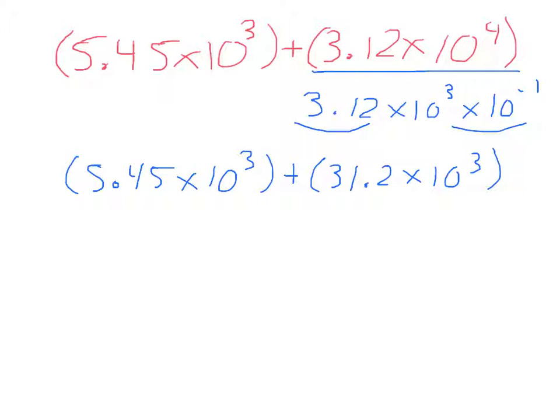Well, now that I have that done together, I have two terms. And now this is going to be a little bit of a thought process of remembering the reverse distributive property.